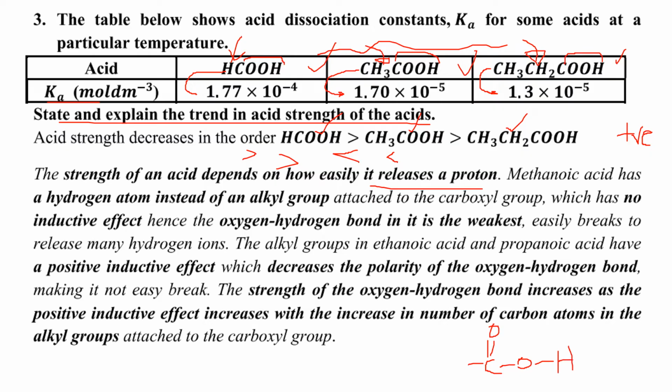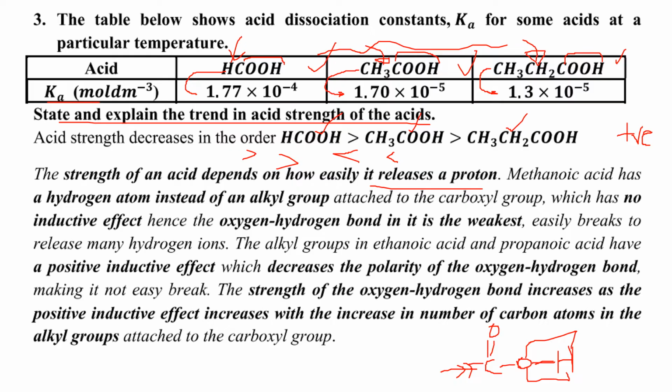Where we had the negative inductive effect, electrons were being taken away from this bond. The more electrons were taken away, the weaker this bond became. Now for positive inductive effect, we donate electrons. The more we donate electrons to this oxygen to hydrogen bond, the stronger it becomes.